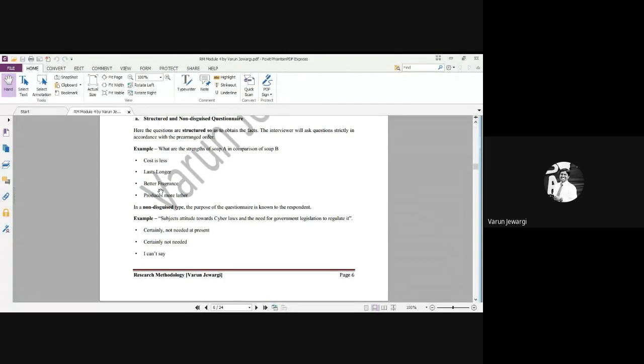Okay. Now let's plug in some more examples. I'll be taking some bikes as an example. Honda Shine is good.